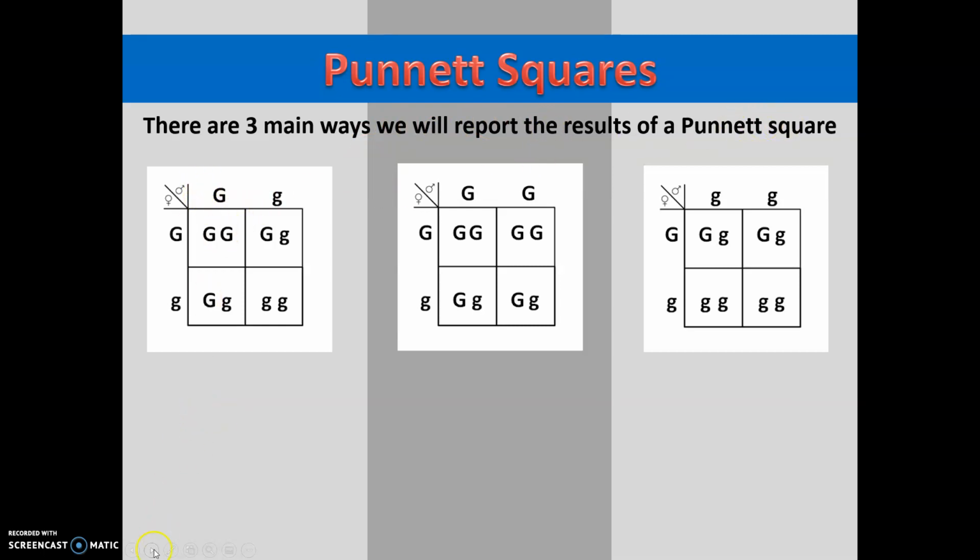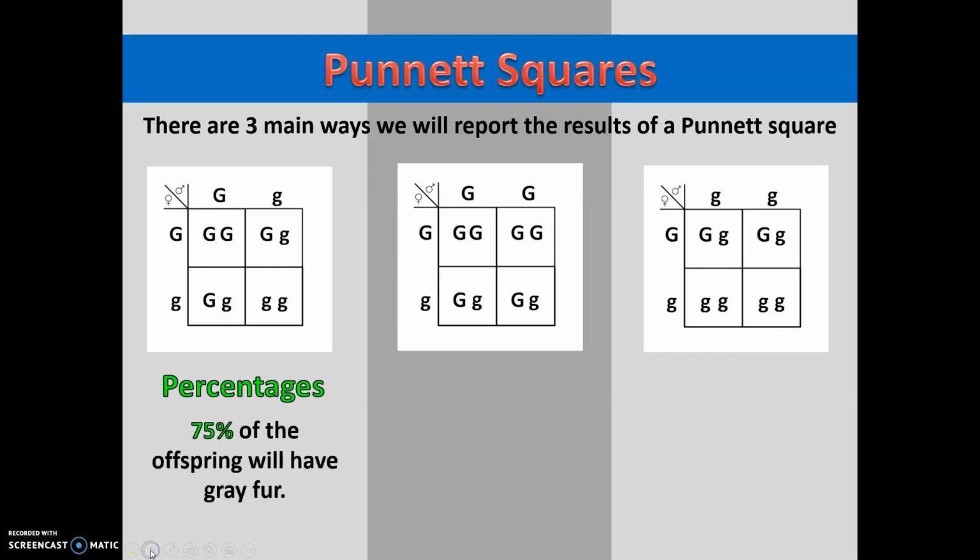The first one is using percentages, like 75% will have gray fur. The reason is we have this offspring with 2 capital G's, this one with 1 capital G, this one with 1 capital G. So 3 of the 4 boxes, 75%, have a capital G, and capital G is a dominant allele, which is a dominant trait, which is gray fur.